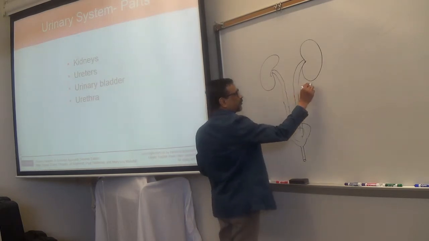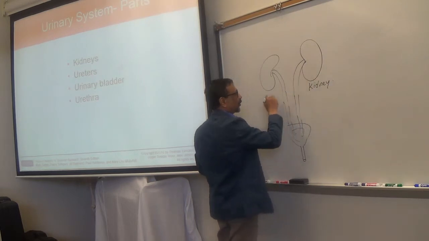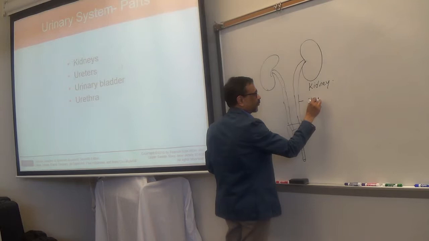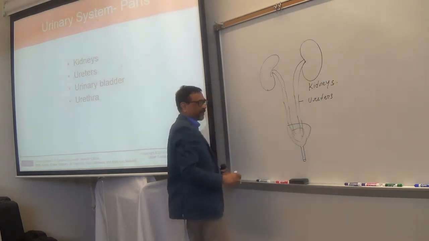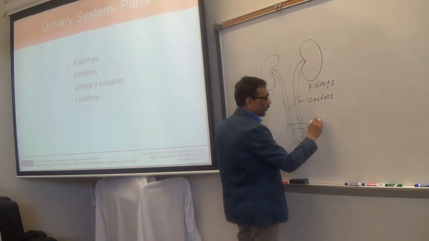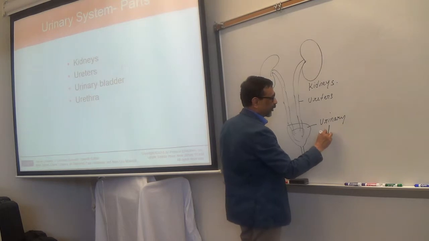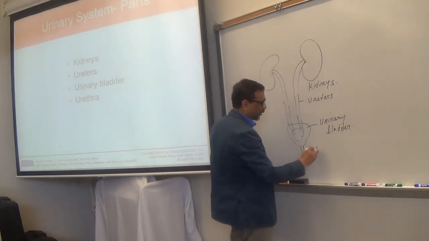So kidneys, right and left, and ureters, right and left, and then one urinary bladder. The urinary bladder is only one, and one urethra.